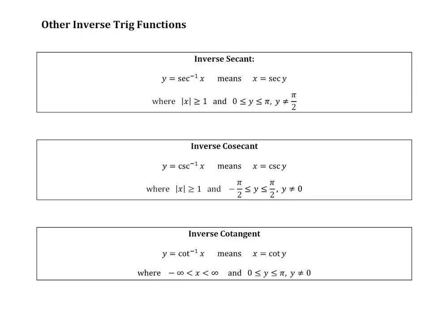I want you to notice that the inverse secant has outputs just like inverse cosine. Which makes sense because cosine is 1 over secant, or secant is 1 over cosine.